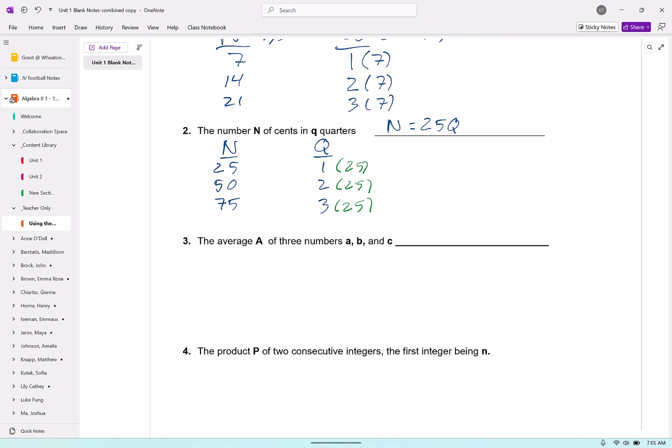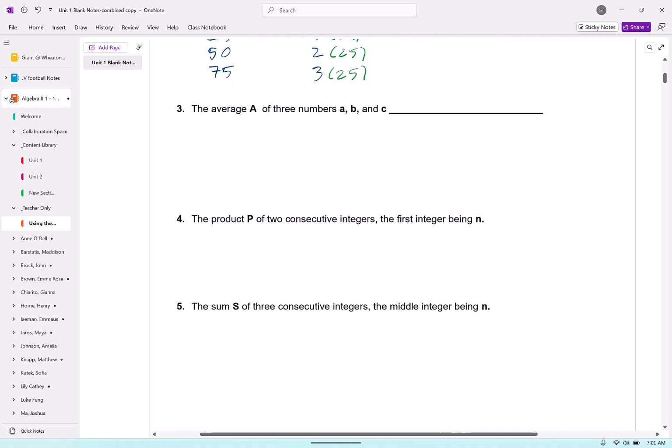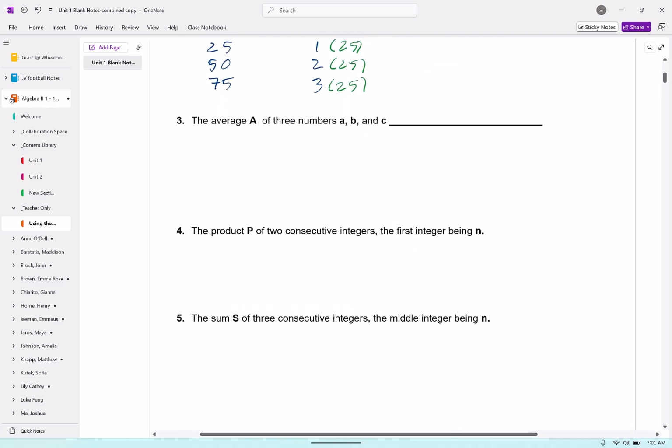Okay, let's take a look at number 3 here. See the average. What's another word for average? Mean. So you can see that word. What was the mean, A, of 3 numbers, a, b, and c? Likely you are familiar with how to solve this already. The average is adding up all the individual values and then dividing by the number of values.